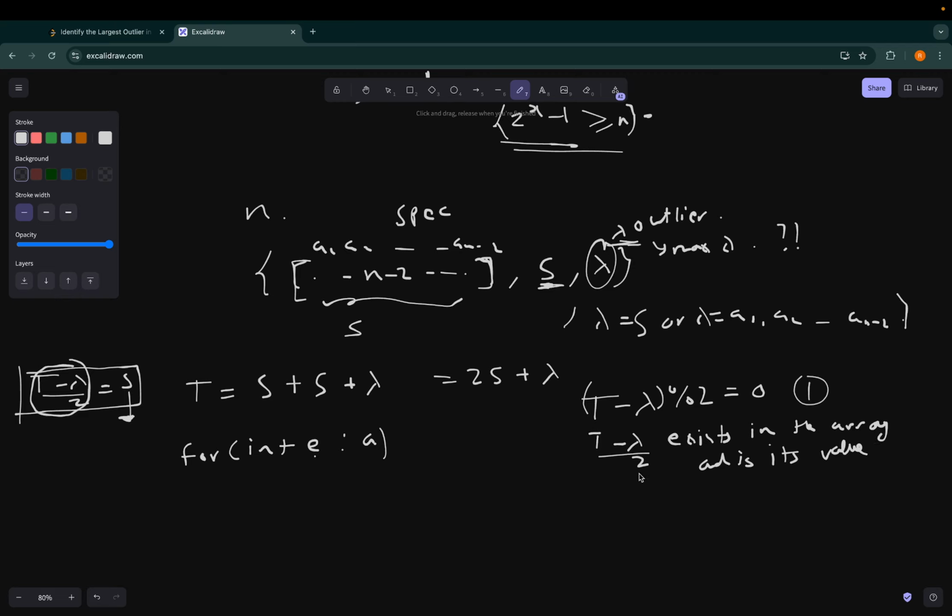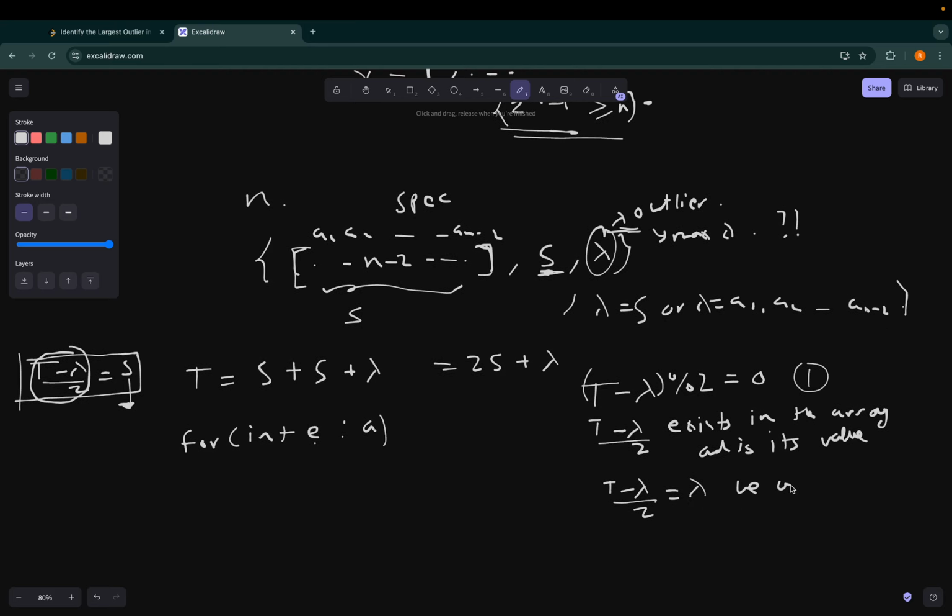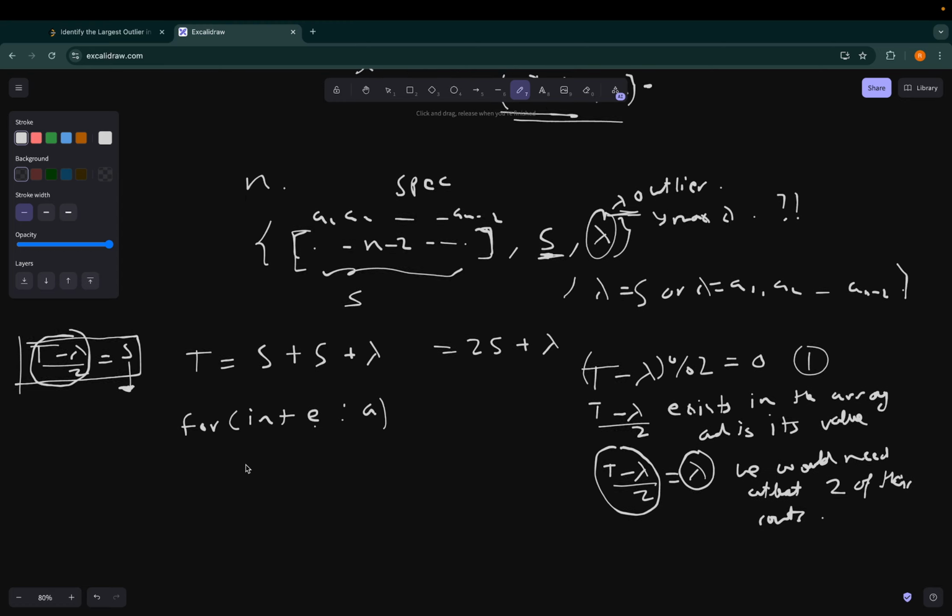The outlier is lambda, right? So in the edge case where t minus lambda by 2 becomes equal to lambda, we would need at least two of them. One of them would be the outlier, which is lambda itself, and another would be the actual sum, which is t minus lambda by 2. So we would need at least two of their counts, right? So that's what we do.